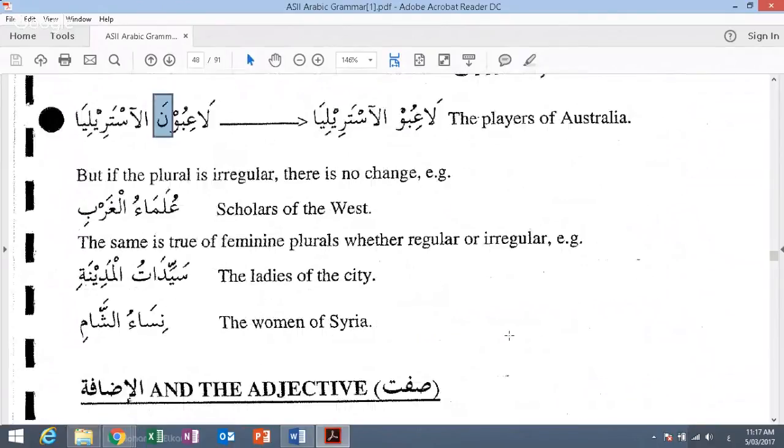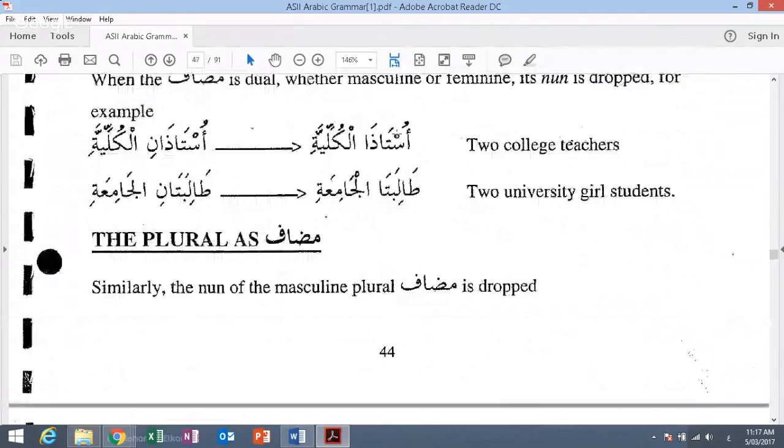Now, just one thing, go back here. For example, if I'm talking to you, and you are not looking at the words, just listening to me. If I say to you, Ra'aytu, or laqaytu, I'm saying that I have met Ustad al-Kulliyati.